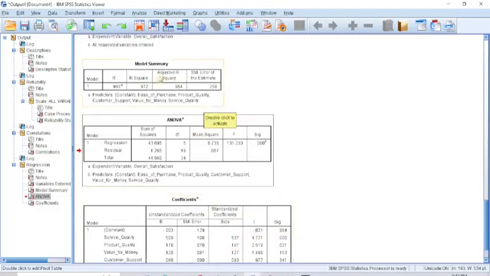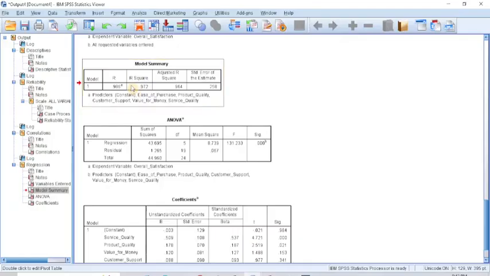So, from the model summary table, the R square is 0.972, meaning 97.2% of the variation in overall satisfaction is explained by the combination of the other variables such as service quality, product quality, value for money, customer support, and ease of purchase.